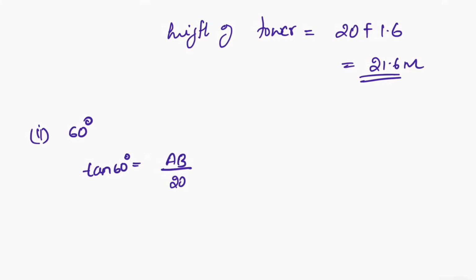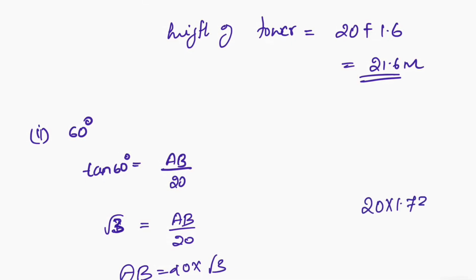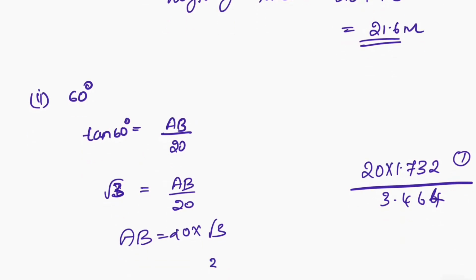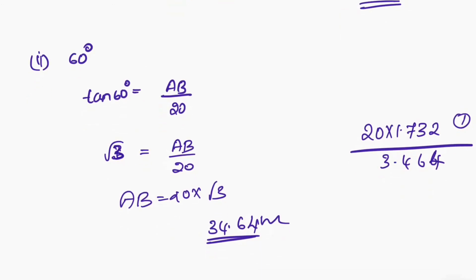What is tan 60? It's root 3, that is equal to AB by 20. AB is equal to 20 into root 3. What is 20 into root 3? 20 into 1.732, that is 34.64 meters, okay, as the answer.